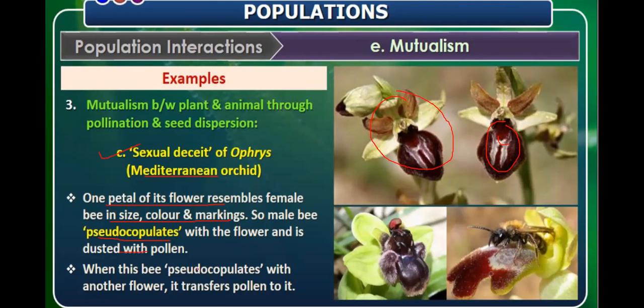When this bee pseudocopulates with another flower, it transfers pollen to it. So this is one example of sexual deceit. They don't give any reward, but they behave like a female bee.